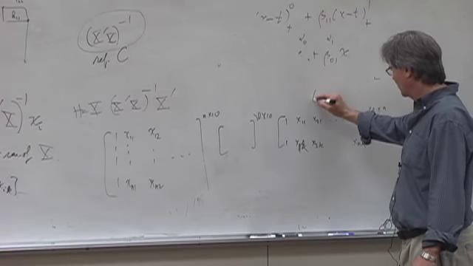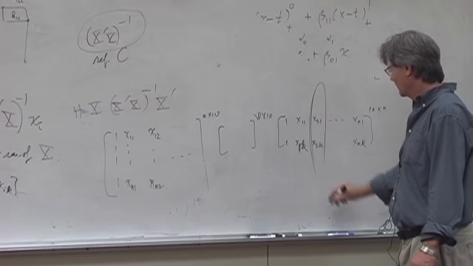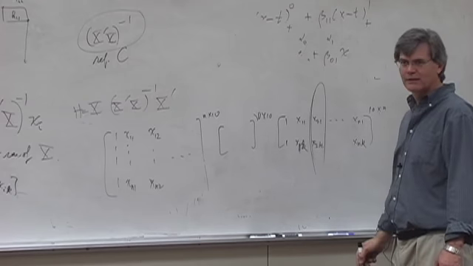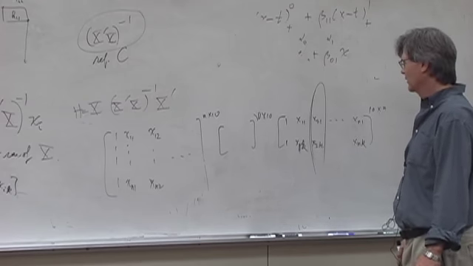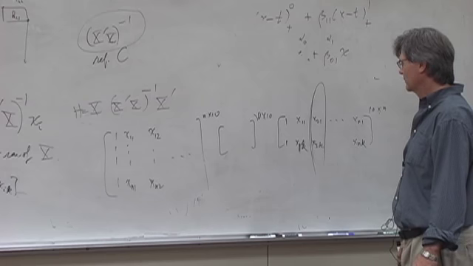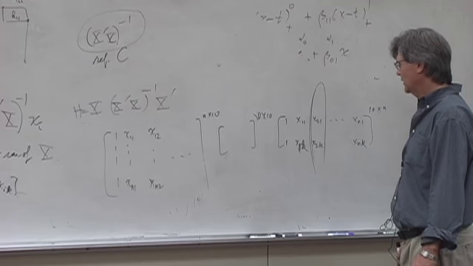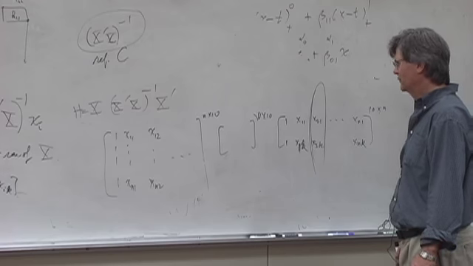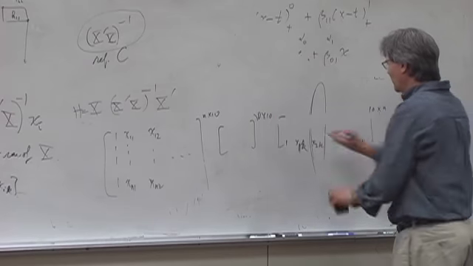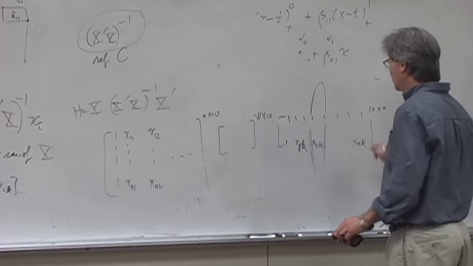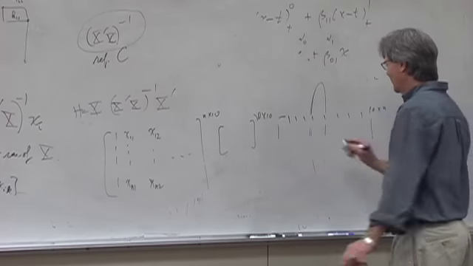So here's the second version. I didn't transpose it correctly. I should have had ones over this: 1, 1, 1, 1, 1, 1, 1, 1, 1. Yeah, I got the ones in the wrong place.